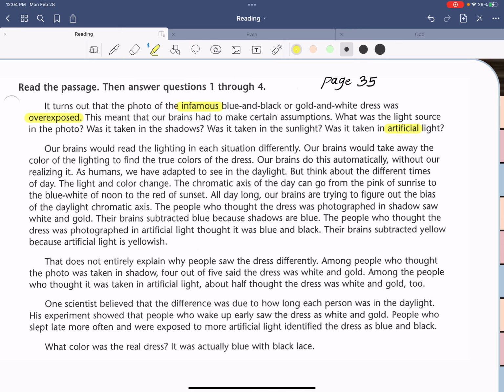There's that word chromatic again, but this time it's with the word axis. There it is again, chromatic axis. There's artificial again. Artificial is one that shows up a lot in this passage.